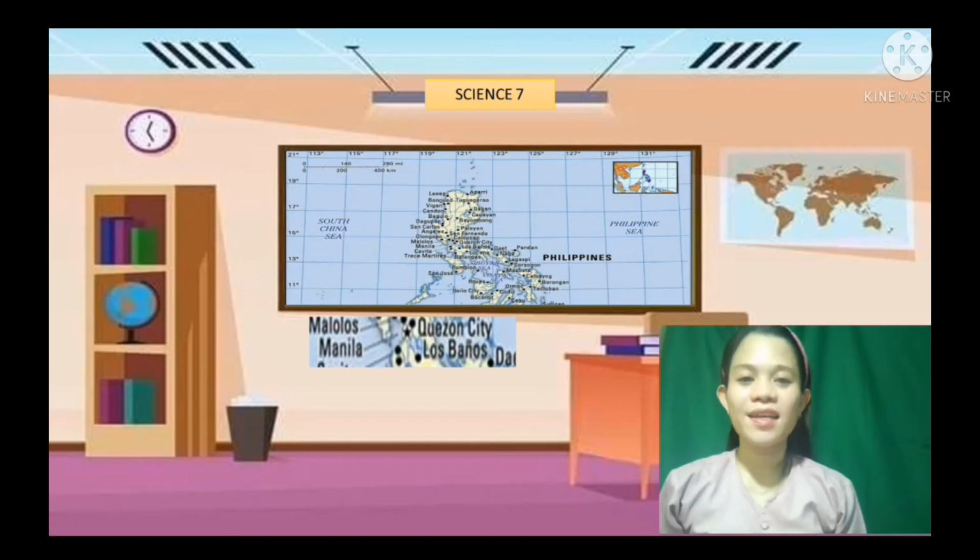As you can see in the map, we have different cities found in the Philippines. And as you can see, Manila and Quezon City are close together.